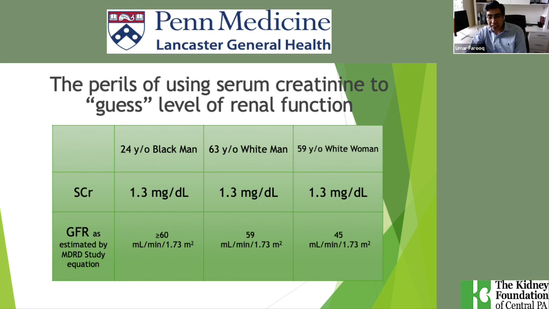So this person is stage 3 early, and this person is stage 3 advanced kidney disease. So it's important that if serum creatinine is abnormal, and usually the good thing is labs these days are good at reporting the GFR along with creatinine, to give you a good assessment of where this person's kidney function is as of today.